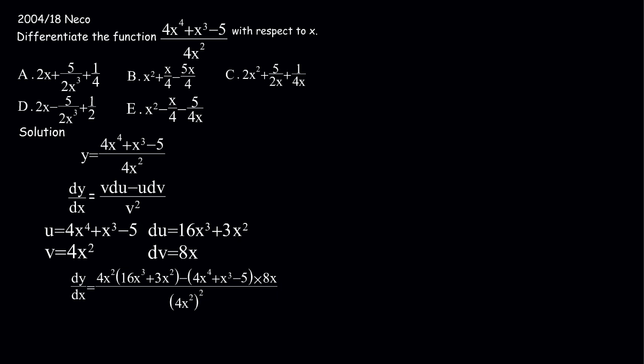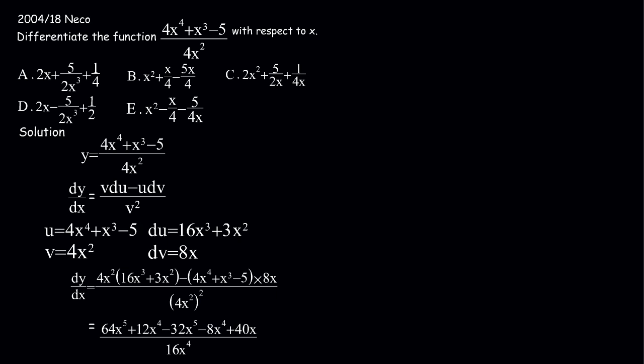Simplifying our numerator by expanding the brackets, 4x squared times 16x cubed gives 64x to the power of 5, plus 4x squared times 3x squared gives 12x to the power of 4, minus 8x times 4x to the power of 4 gives minus 32x to the power of 5, minus 8x times x cubed gives minus 8x to the power of 4, minus 8x times minus 5 gives plus 40x, divided by 16x to the power of 4.